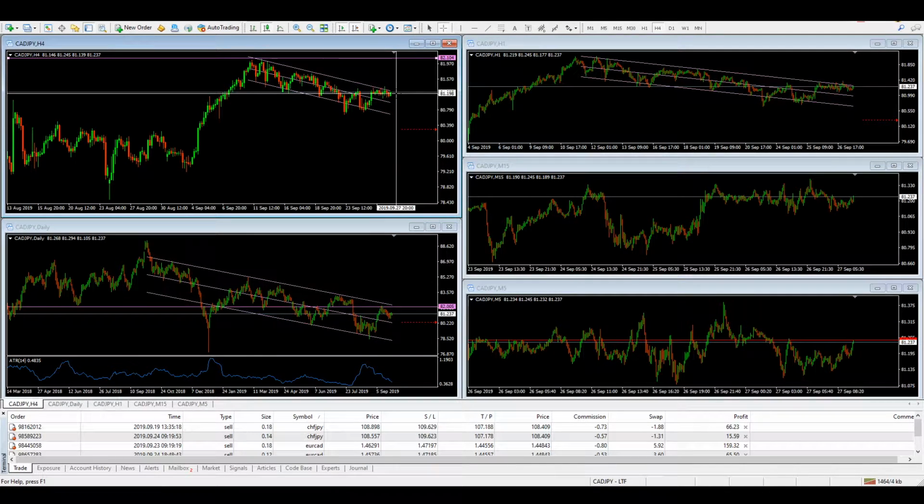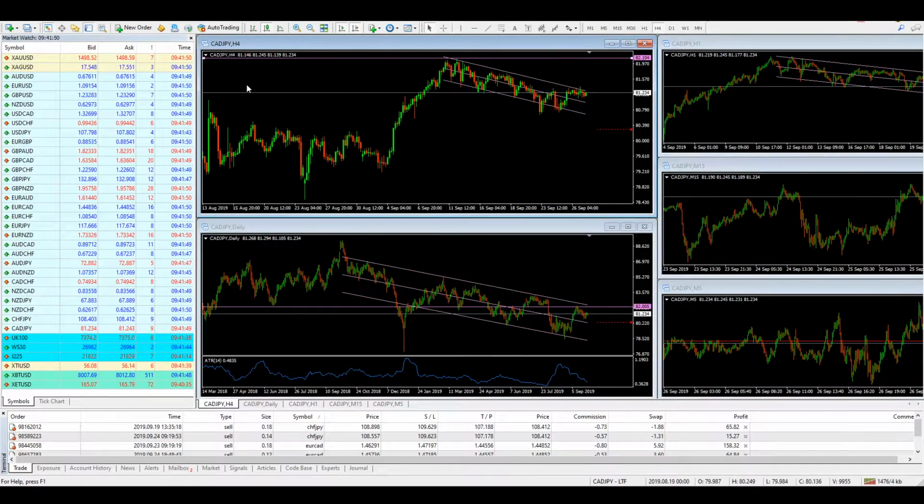And we'd be looking for a 1-to-1 that would put our take profit around about this level, around about here, right? And I would see opportunities to scale in on this if the price were to continue down in this bearish move of lower lows and lower highs.